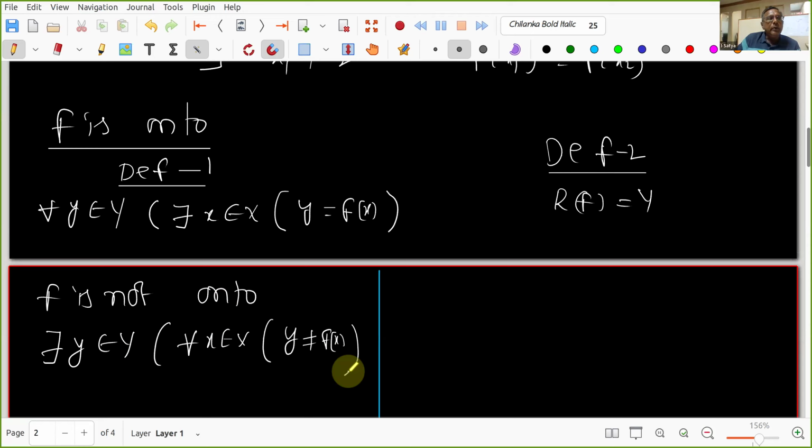This is very crucial. Again, you got an opportunity to understand how to negate things and how to use the quantifiers. You understand the beauty of what it is conveying, a lot of things. Not onto means there is an element in the codomain such that whatever x you give me, y is not equal to f of x. That means y does not have a pre-image.